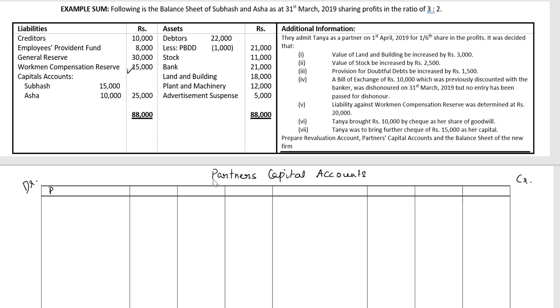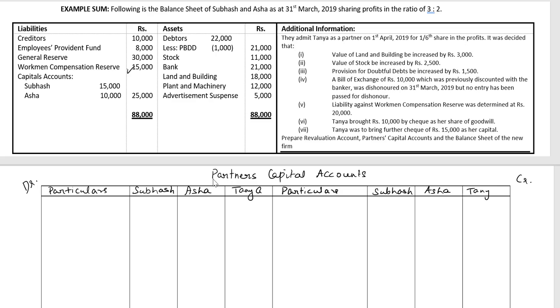We have particulars, Subhash, Asha and Tanya. Again we have particulars, Subhash, Asha and Tanya.